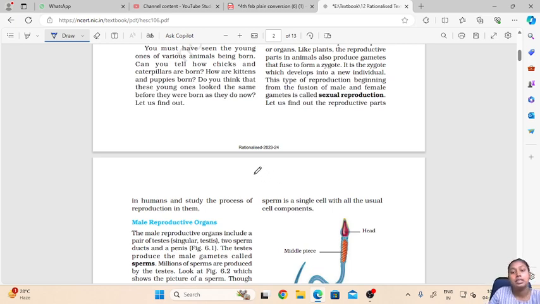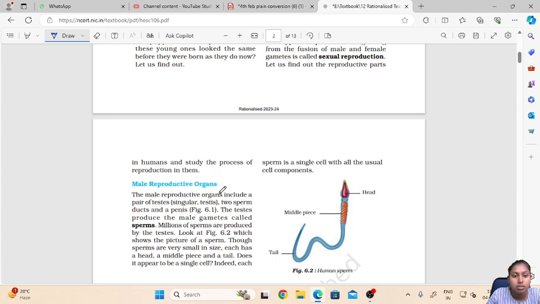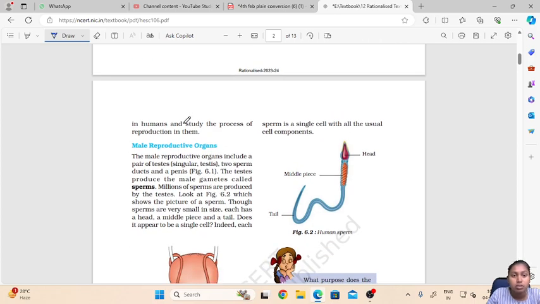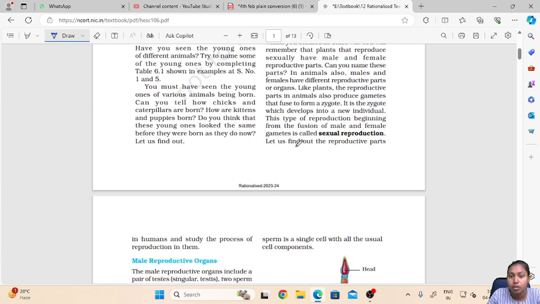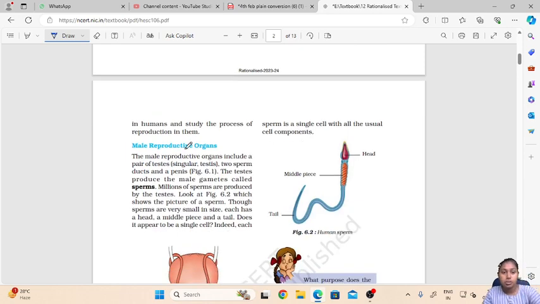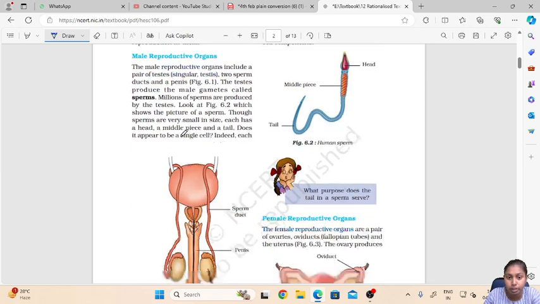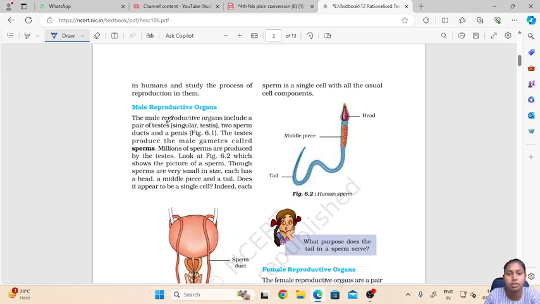Let us find out the reproductive parts in humans and study the process of reproduction in them. As we know, for animals we require male and female gametes. Similarly, humans also have a male reproductive organ and a female reproductive organ. Let's see what the male reproductive organ is.